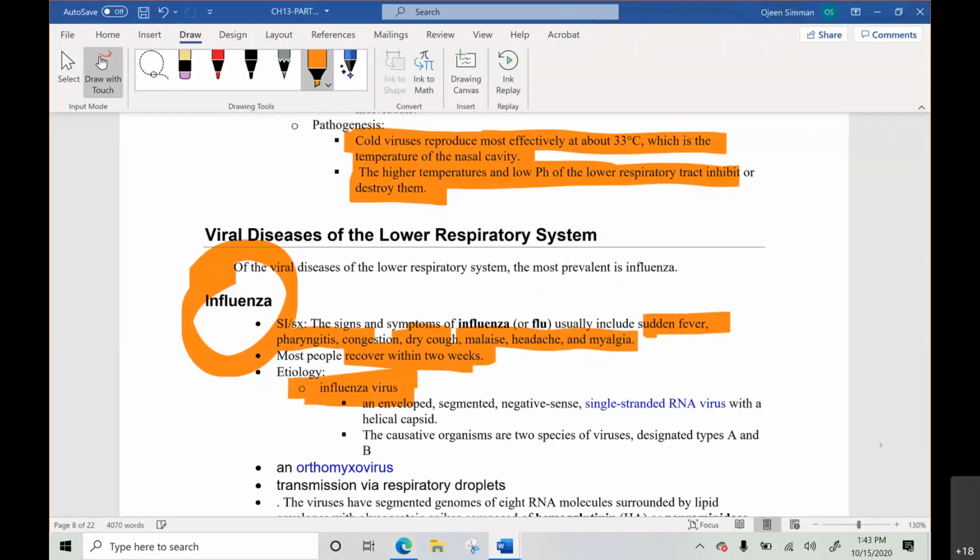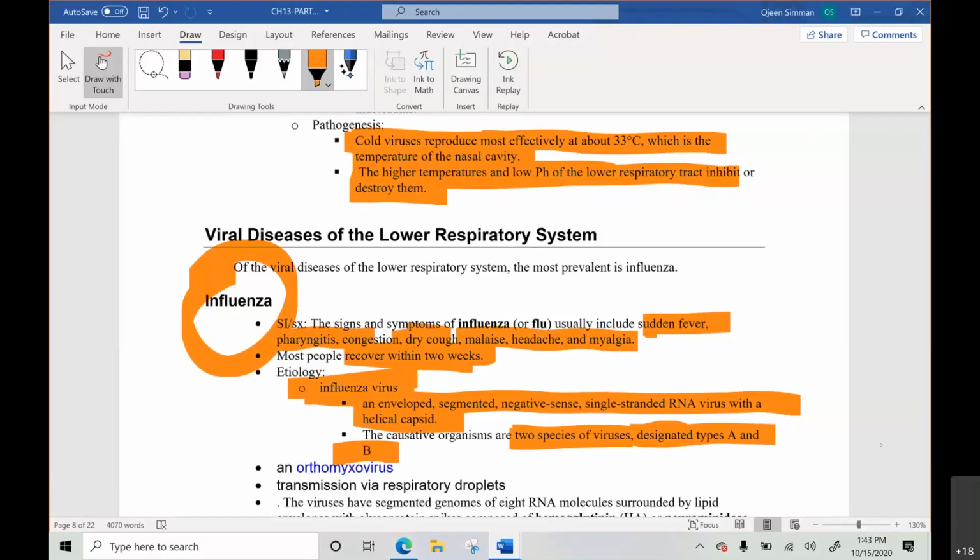It's an enveloped, segmented, negative-sense, single-stranded RNA virus that has a helical capsid. The influenza virus has 2 species designated as type A influenza virus and type B influenza virus. The mode of transmission of the flu virus is through respiratory droplets.